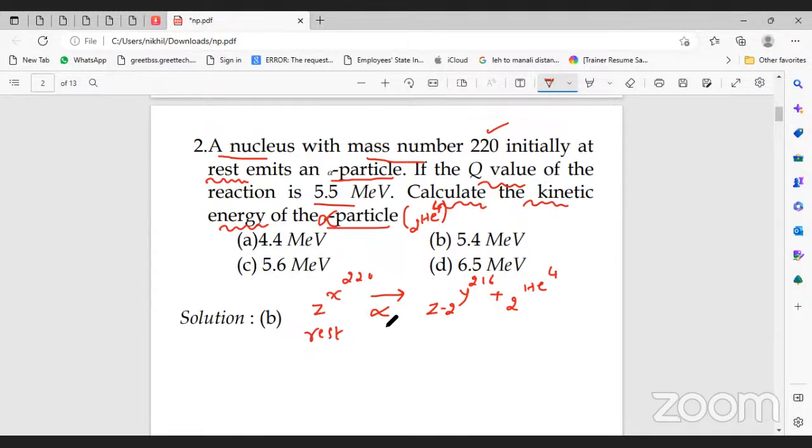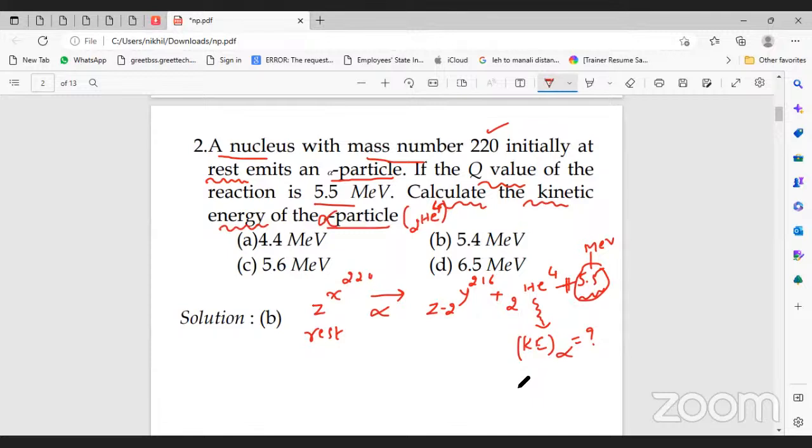So clearly they are expecting you to find the kinetic energy of this alpha particle. And this reaction is releasing an energy of about 5.5 mega electron volt. But what is the formula? We have to find the kinetic energy. It is half mv squared.